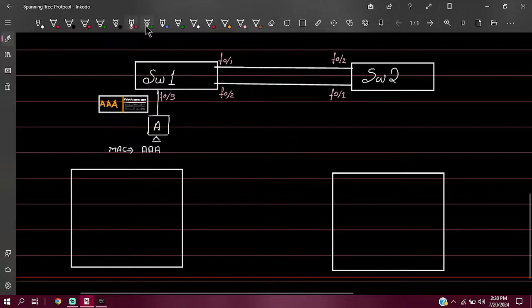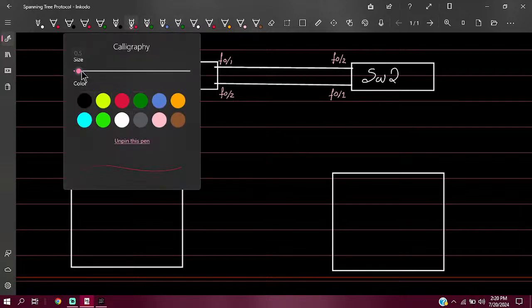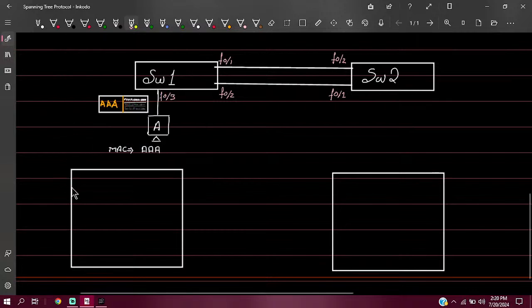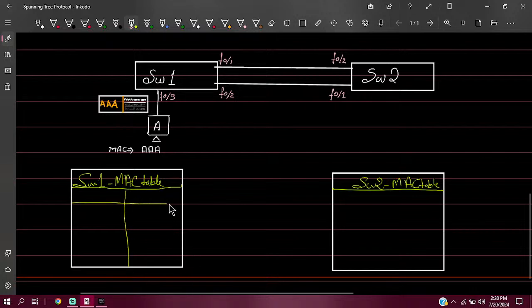Well, now let me put up the entries for the MAC address table here. Guys, if you remember, the MAC address table associates the mapping of ports and MAC addresses for the switches.